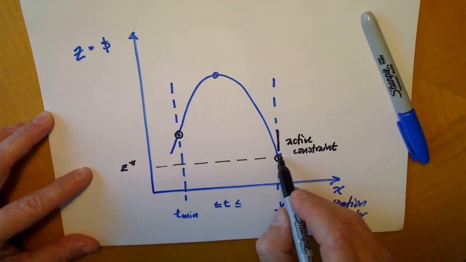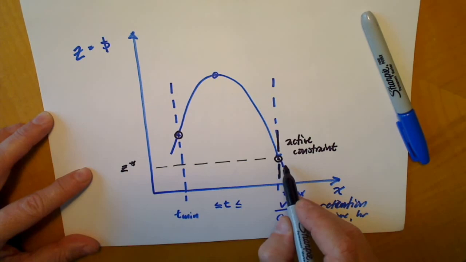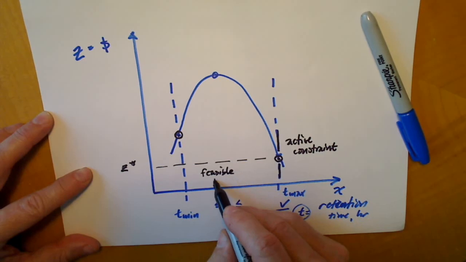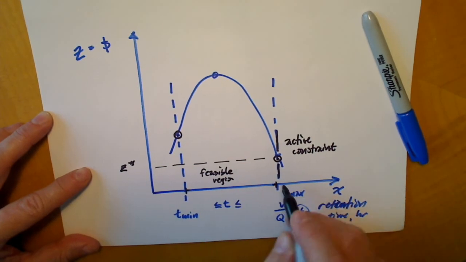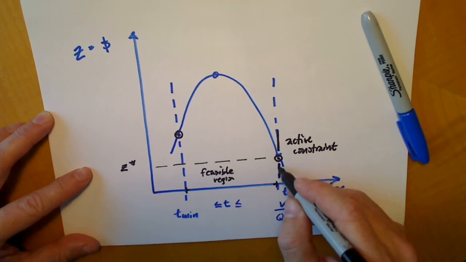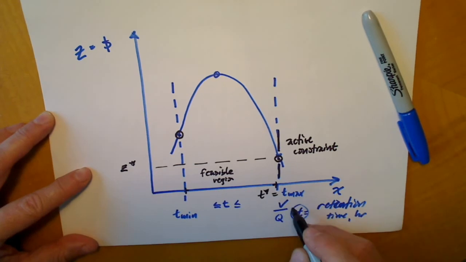What that means is if for some reason the active constraint were to slide, the solution would have to slide too. The feasible region in this one design variable problem is found between T min and T max, and the solution is found at T max as an active constraint.